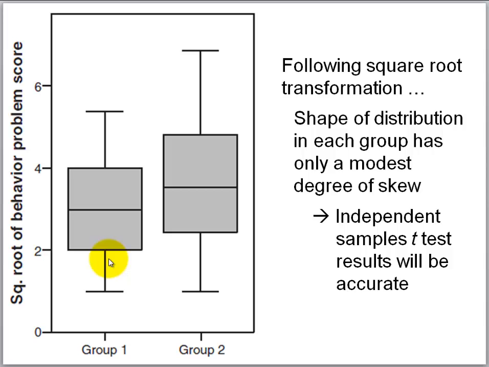So these distributions are much closer in shape to a normal distribution than was the case prior to transformation. The gist of the matter is, because skew now is quite modest, an independent samples t-test will now yield a quite accurate value of p.